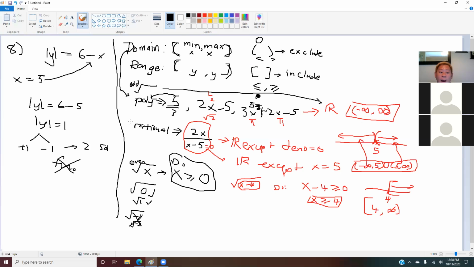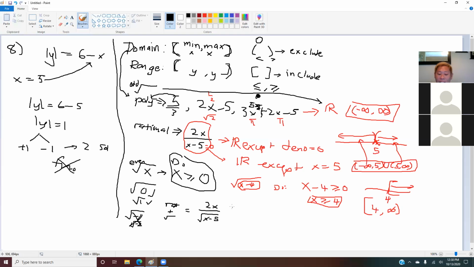So this is the domain for those, and if you combine a rational with a square root, for example, 2x over the square root of x minus 5.